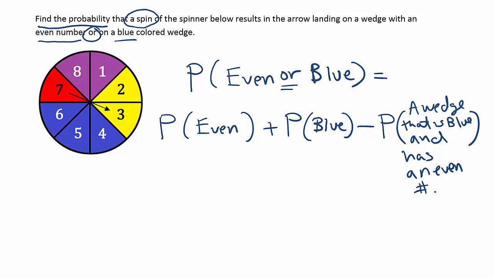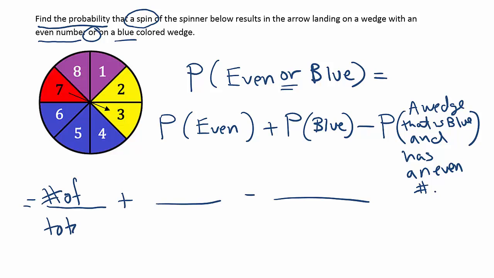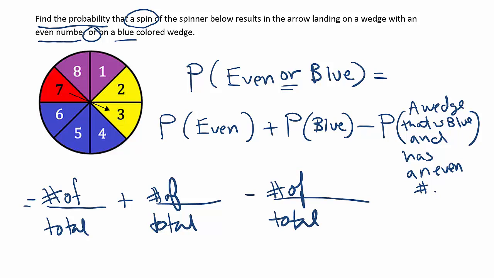All right, perfect. Now, once we have that expressed that way, we have to write out the three fractions using that number of over total approach. For each of them, we're going to do number of over total. Number of what? Number of evens, over the total number of wedges, or spaces, whatever you want to call those things.